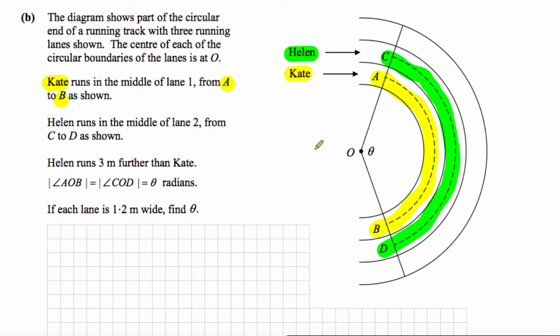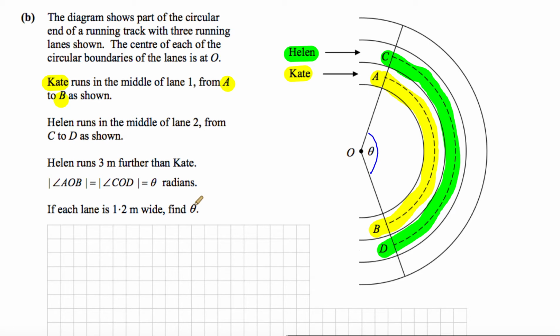The size of the angle AOB, so from A to O to B, so this angle here, is equal to the size of the angle COD, so C to O to D, which is equal to theta radians as marked. Okay. If each lane is 1.2 meters wide, find theta.